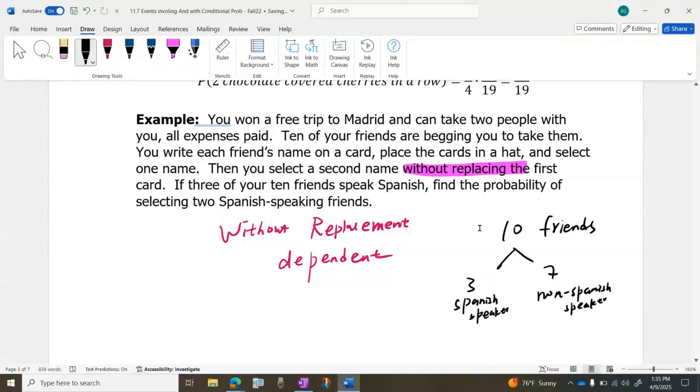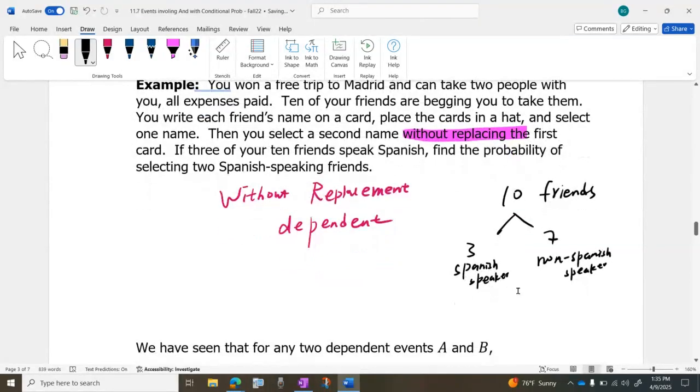All right. Instead of red marbles and black marbles, here we have Spanish speakers and non-Spanish speakers. It's really just similar. Okay. So we are looking for the probability that both friends you selected are Spanish speakers.